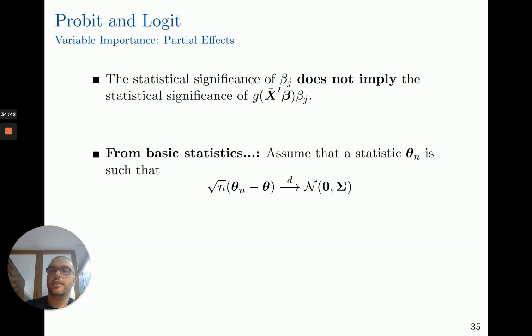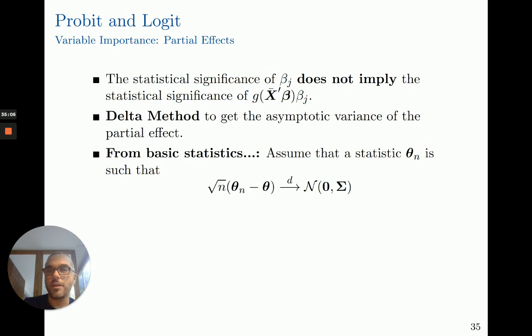Another important thing is that statistical significance of beta does not imply the statistical significance of the partial effects. How can we show that? From basic statistics, let's assume that the statistic is such that it converges to a normal.